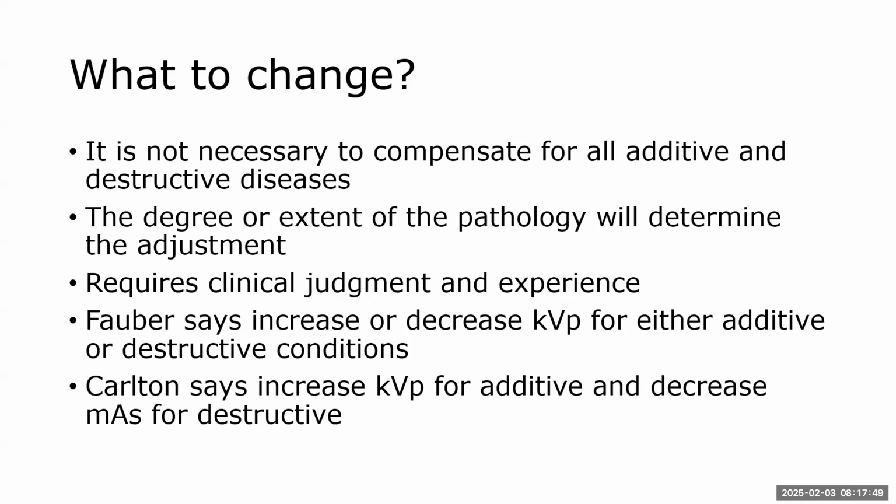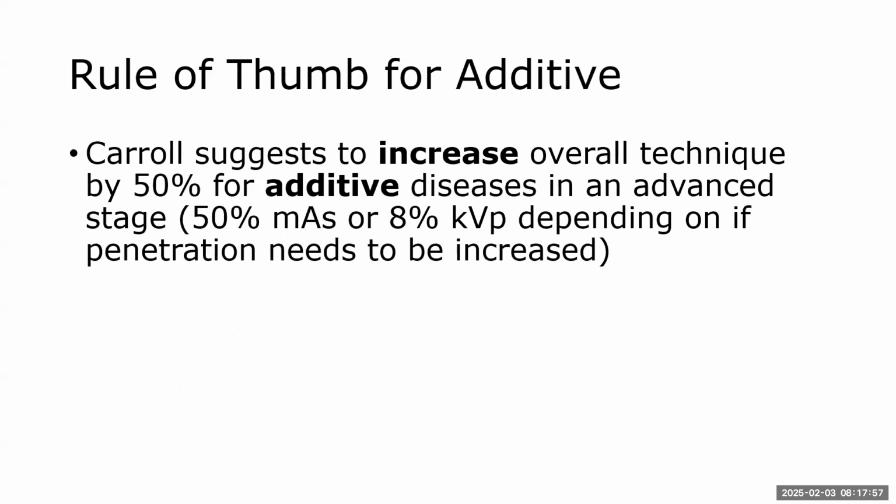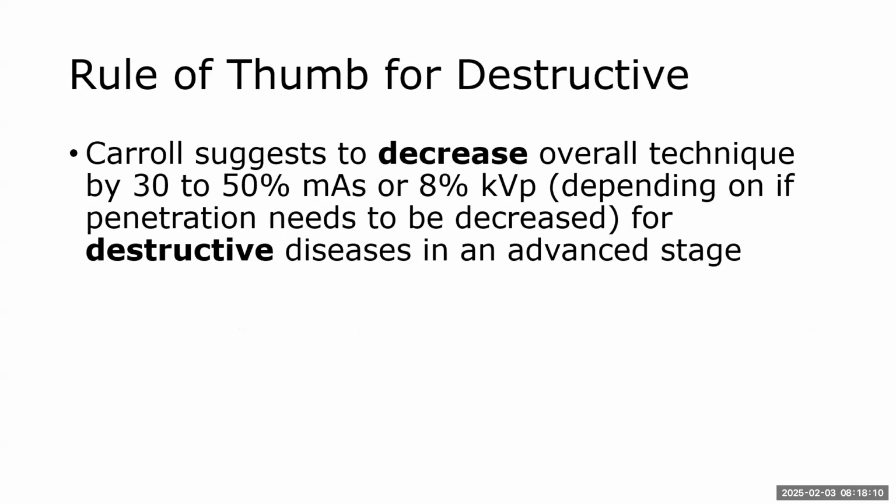The Carlton book, which we used to use, says to increase kVp for additive, decrease mAs for destructive. And then Quinn-Carroll's book says increase overall technique by 50% for additive in an advanced stage. So you can either increase the mAs or the kVp, or you can decrease it if it's destructive.